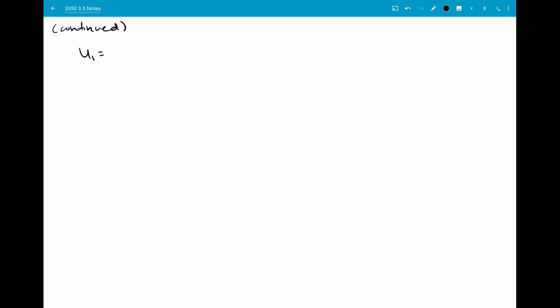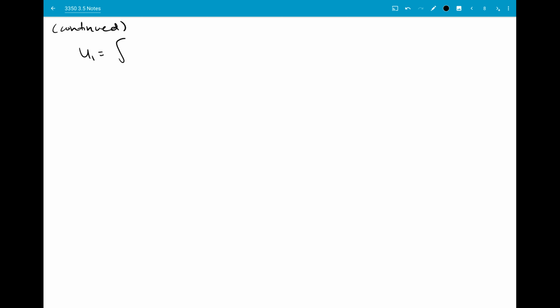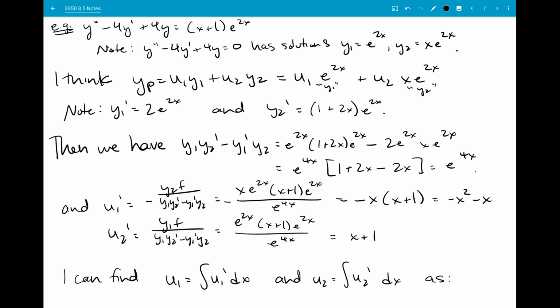So I've got u1 equal to the integral of minus x squared minus x, and u2, I have x plus 1.